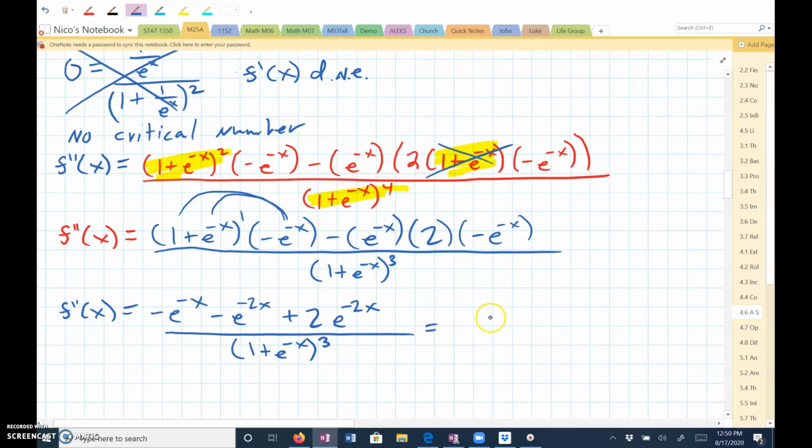Then this would become negative e to the negative x plus e to the negative 2x all over 1 plus e to the negative x cubed.